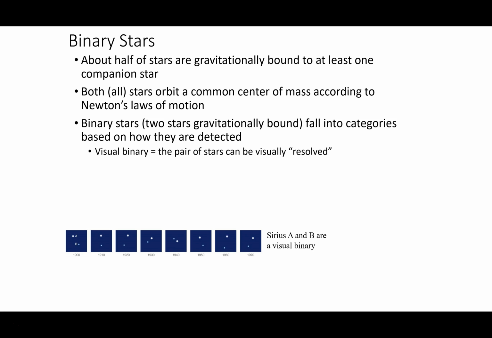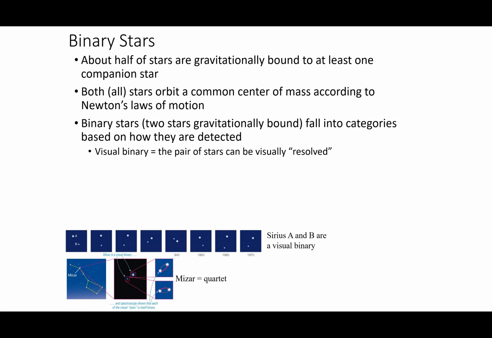The visual binary, here's an example of, you can actually see the dance being performed between these two little dots, the white and the blue, over time. So over time, if you knew what you were looking at, you could infer and understand the math and get a sense for what's going on. They are orbiting a common center of mass, just based upon what you're seeing. So that's a visual binary.